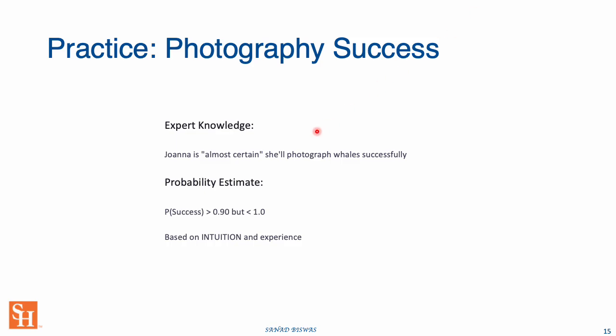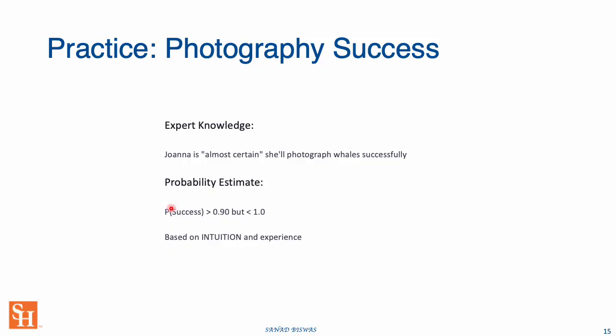Let's now look into this case. Suppose a photographer, her name is Joanna, is claiming that she is almost certain she will successfully photograph whales. So what is she doing? Is she calculating the probability using relative frequency or equally likely outcomes? No, she's not. Based on her intuition, she is saying she is very certain that she will photograph the whales.